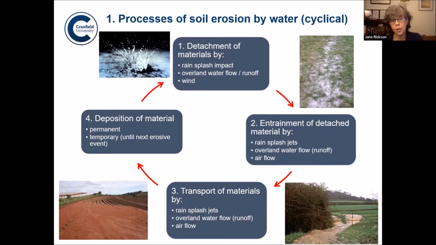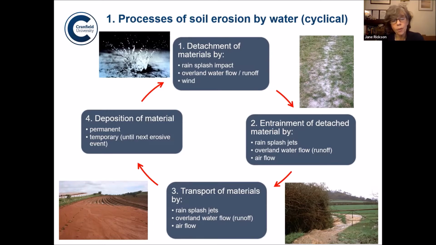But if we don't control that detachment process, then those particles become entrained, either in the rain splash jets as they splash away from the point of impact, or in the overland flow that's running across that soil surface, or, as I say, in the airflow. And then we will transport those eroded materials, those detached materials, again in the rain splash jets, not very far distances, but more importantly, where you have overland flow, you have surface flow, then all of that detached material is then transported.